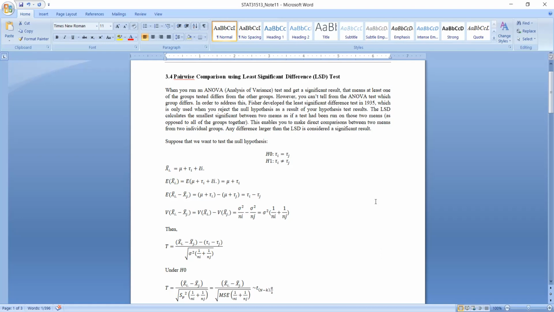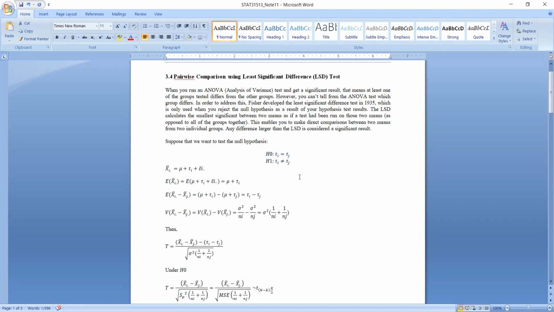For example, let's say you have two treatments in your CRD, treatment I and treatment J. In that case, you can write down the hypothesis: H naught, the two treatment effects are equal, and H1, the two treatment effects are not equal.